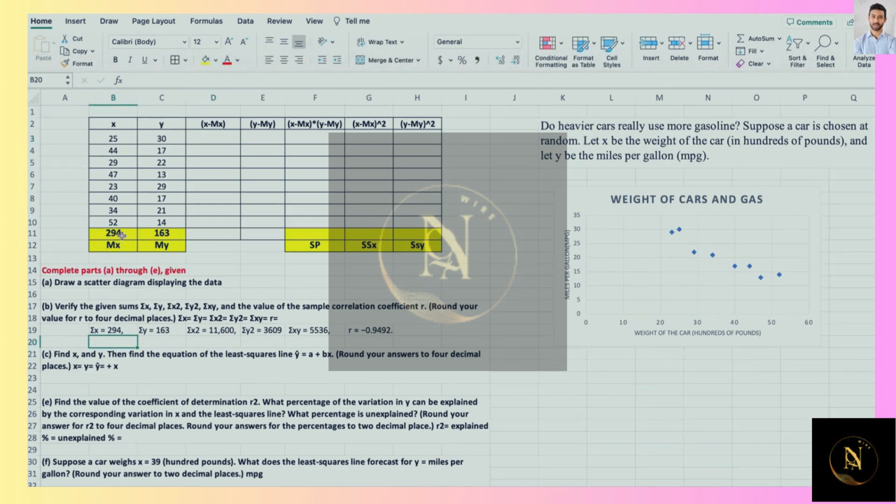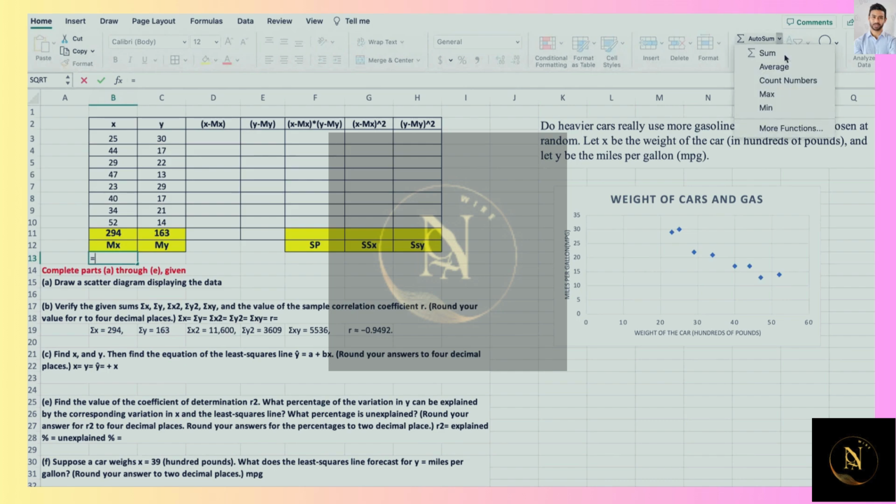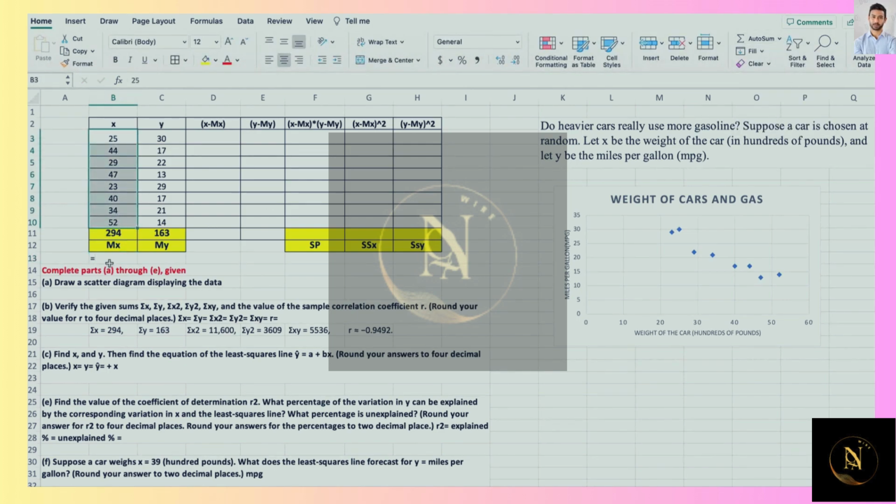So that is the sum of the X, and then my mean of X equals, mean of X is going to be that.